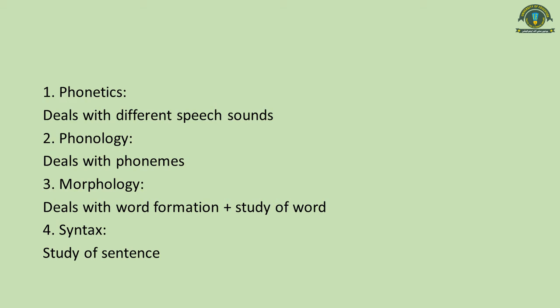Phonetics and phonology are actually closely connected fields. Phonetics mainly deals with different kinds of speech sounds, while phonology deals with the phonemes of different languages. Phonetics is the study of individual speech sounds, while phonology is the study of phonemes, which are the speech sounds of an individual or specific language.